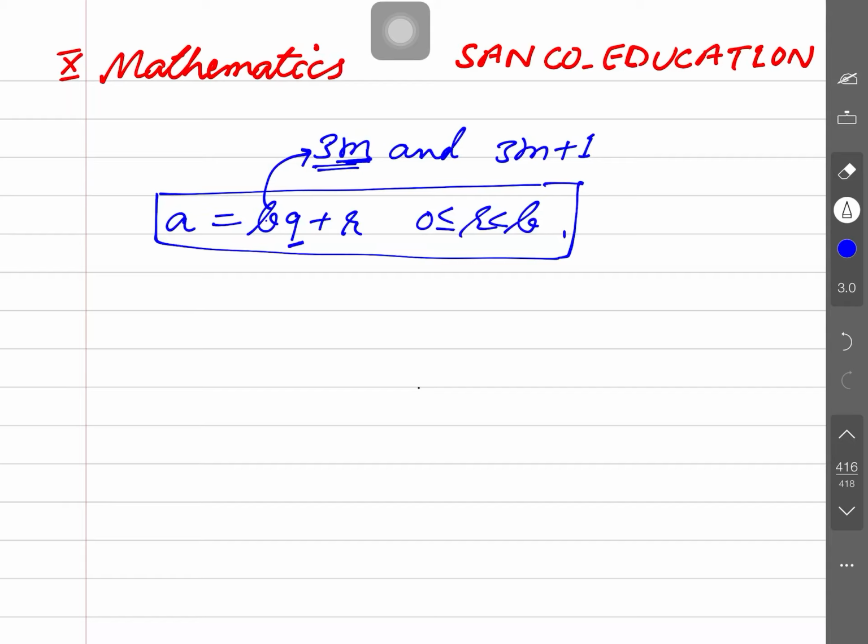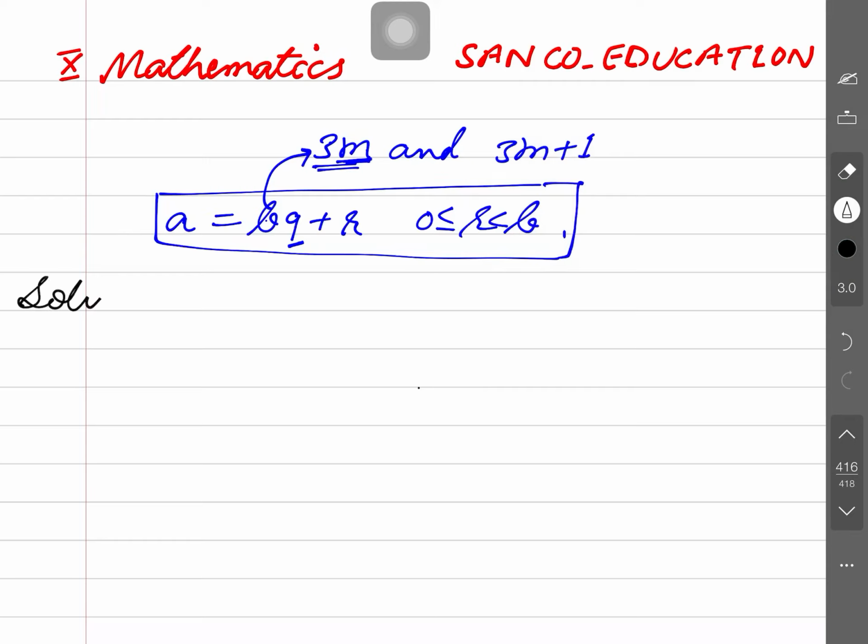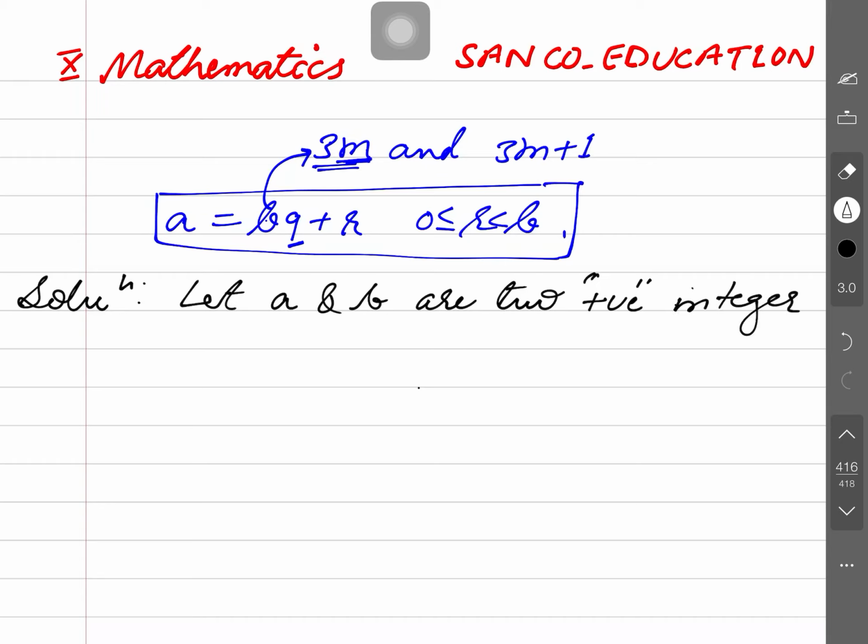In the last lecture I told you what lines are to be used while solving a question. What is the first line? Please tell me. Let a and b be two positive integers such that b is equal to 3 right now.